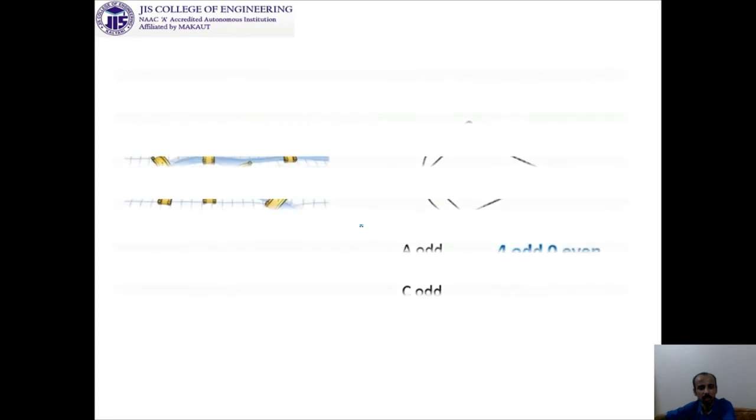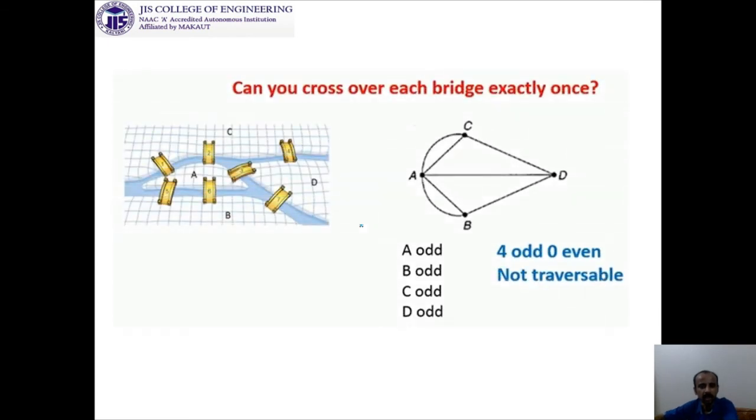Now in the next part, what we are getting is this game. This game is a very famous one. It asks us, can we cross each bridge exactly once? That means you can't cross a bridge more than one time.